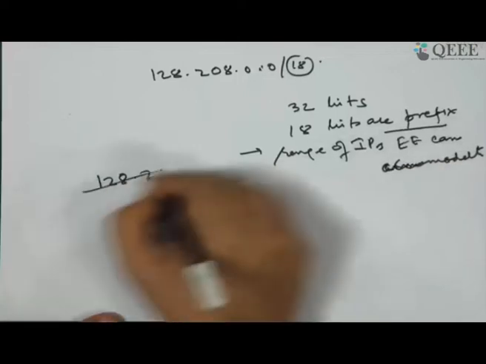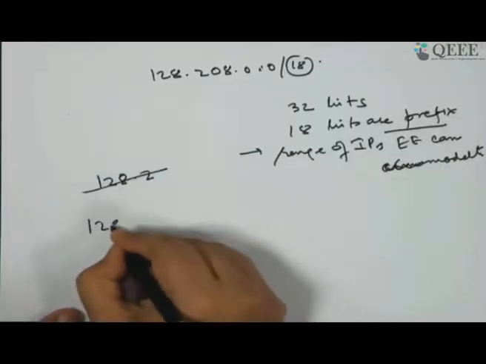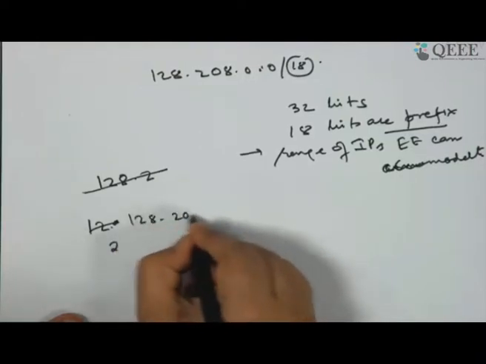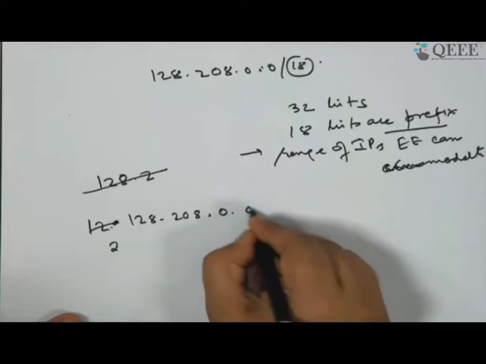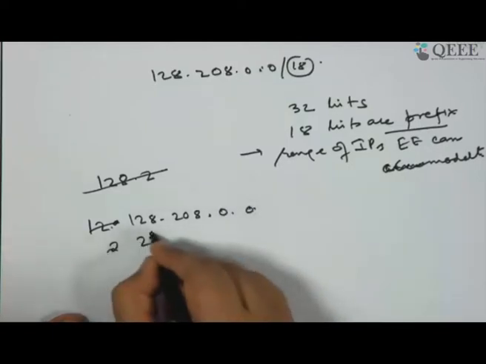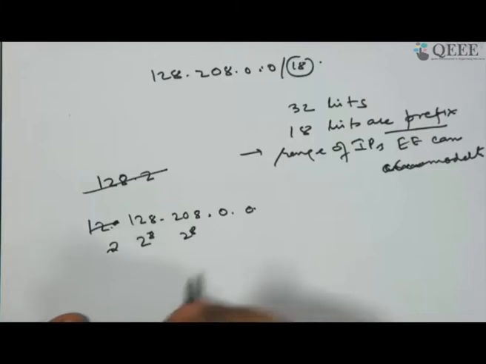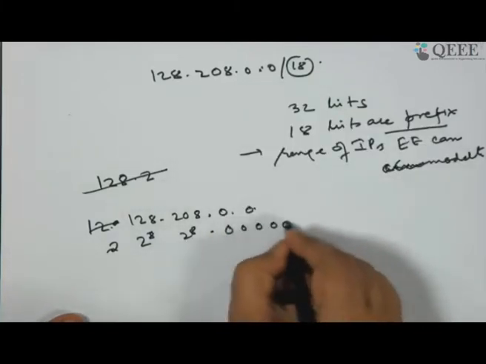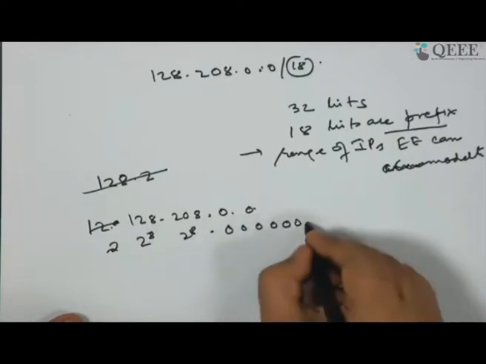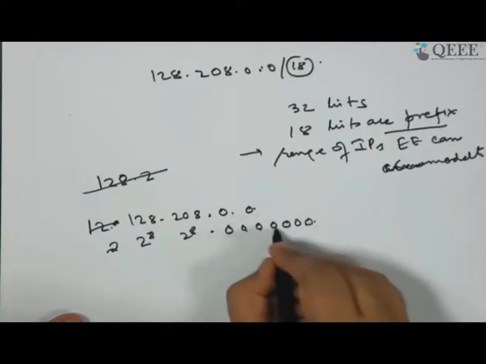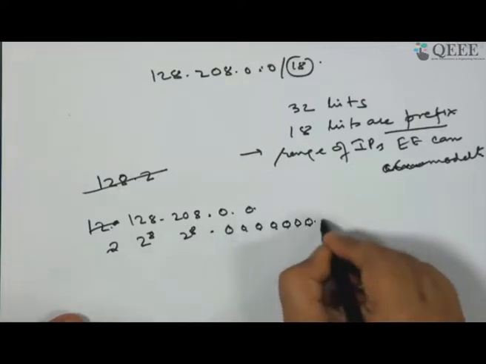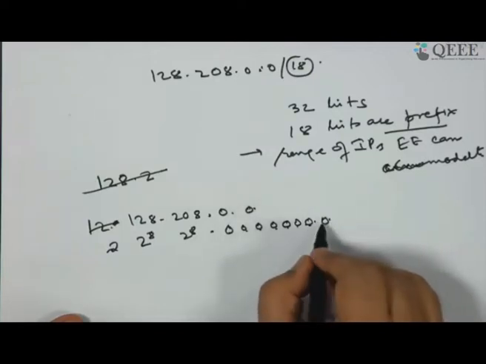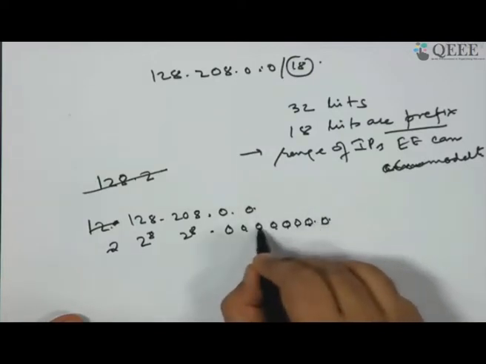Let me write 128.208.0.0. So here 2 to the power 8 is gone, 2 to the power 8 is gone. Now it is 18, so 1 2 3 4 5 6 7 8.